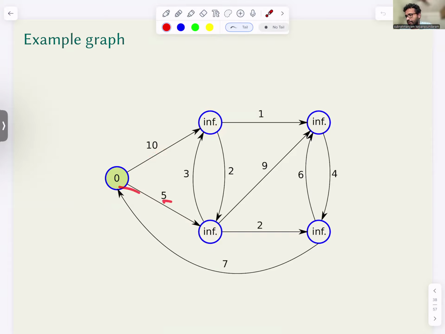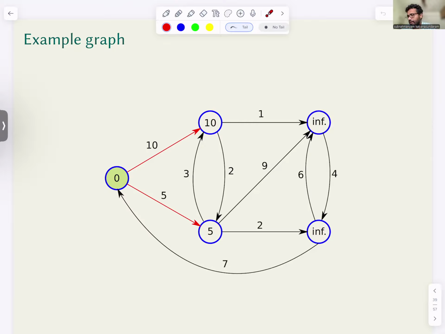And 0 plus 5 is smaller than infinity, so you update this to 5. You update using the out neighbors with these values. Now S has been removed from the queue, so everything else is still in the queue, and the four vertices have values 5, 10, infinity, and infinity. Now one iteration is done.